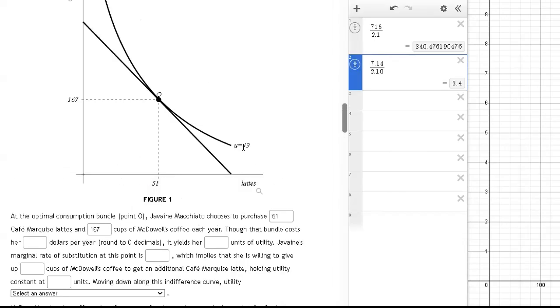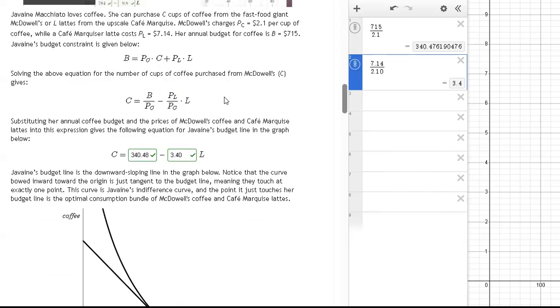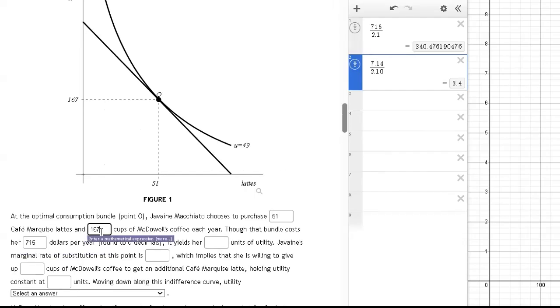Now, anywhere on this budget line, she is spending all of her budget, and her budget is $715. So if you were to multiply this by the price of coffee, and then multiply this by the price of lattes, and you add the two together, you'd get 715 after you round to 0 decimal places. Now, this bundle of 167 and 51 yields her utility of 49.